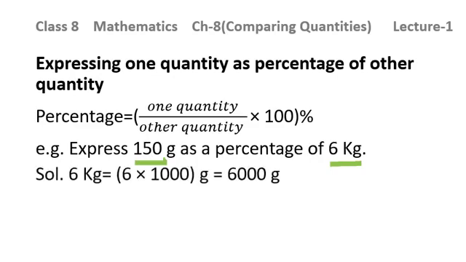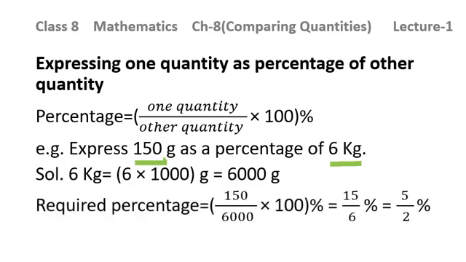I told you that to compare the two quantities we need to make the units the same. So 6 kilograms is converted into grams, or you can convert 150 grams into kilograms. I have converted 6 kilograms into grams. So 6 kilograms is equal to 6 into 1000 grams, that will be 6000 grams.